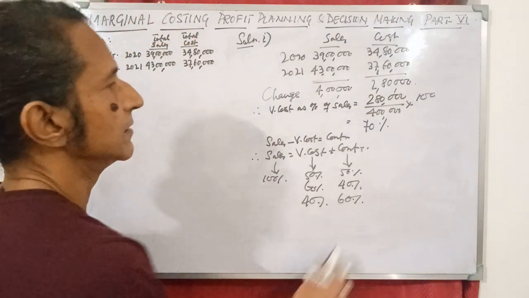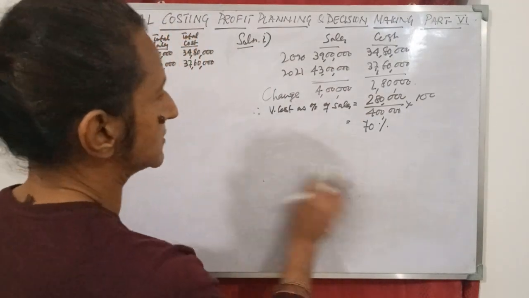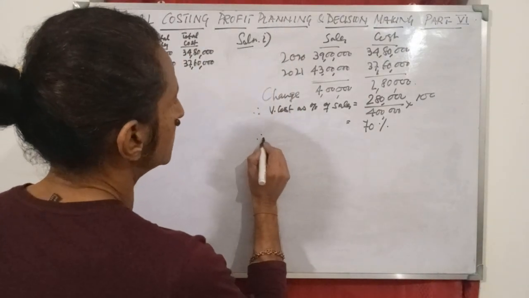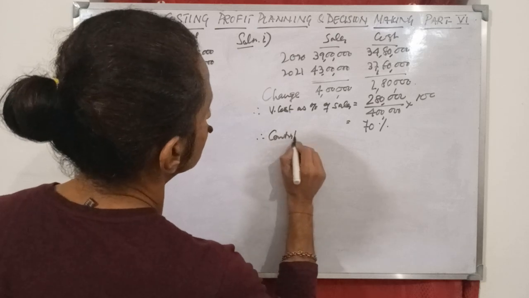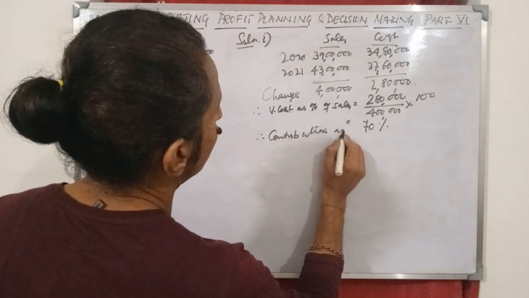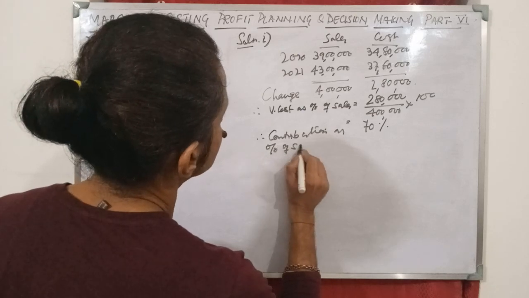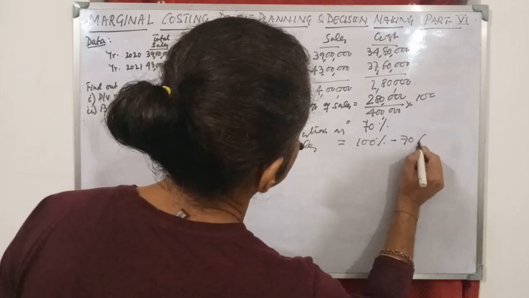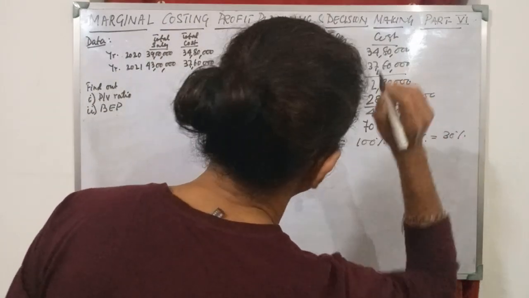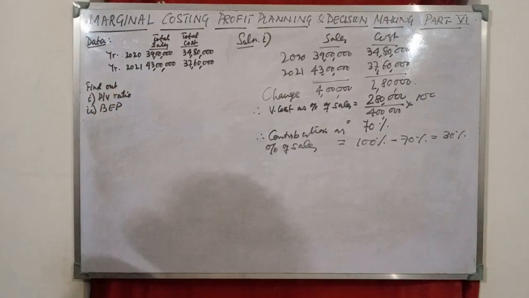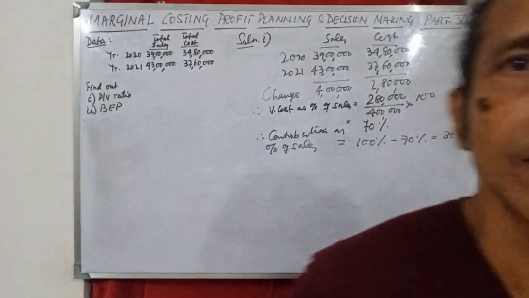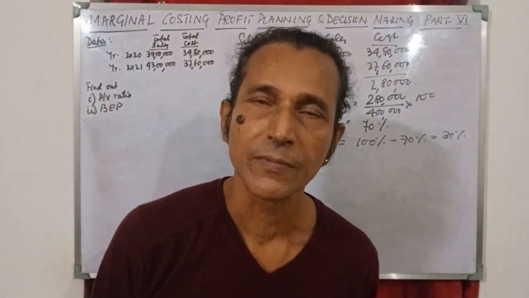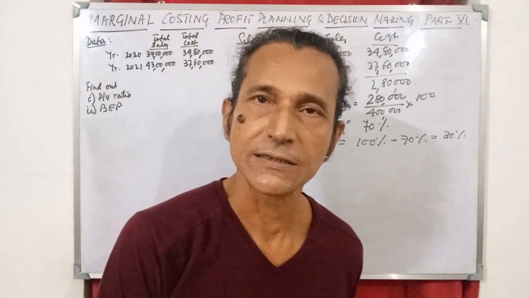Here, variable cost is 70% of sales. Therefore, we can conclude that contribution as percentage of sales is equal to 100% minus 70% is equal to 30%. Correct? Variable cost and contribution are complementary to each other and they together make the sales.